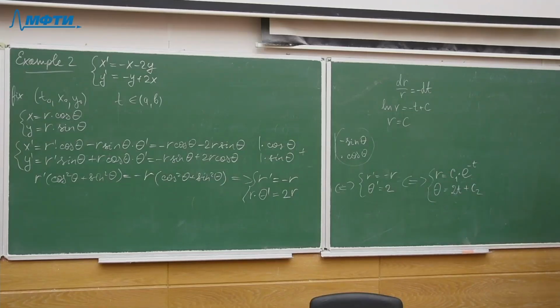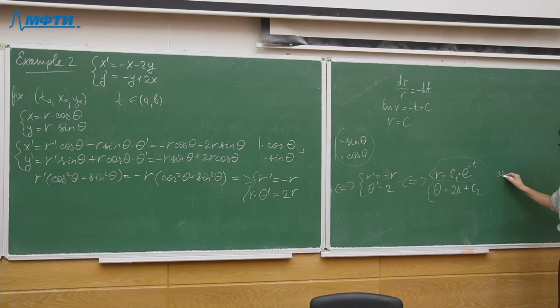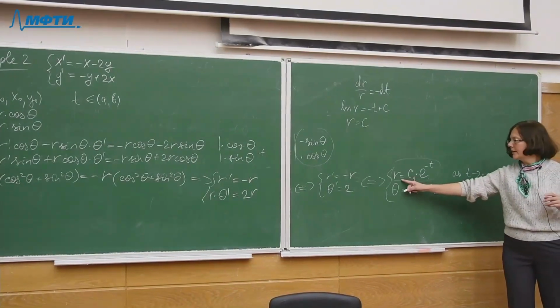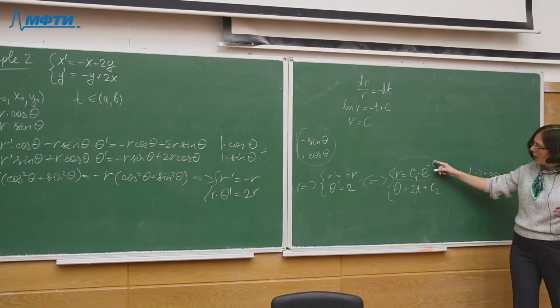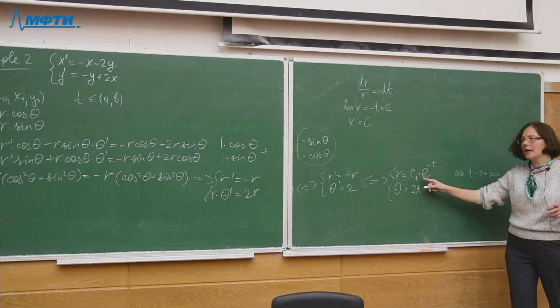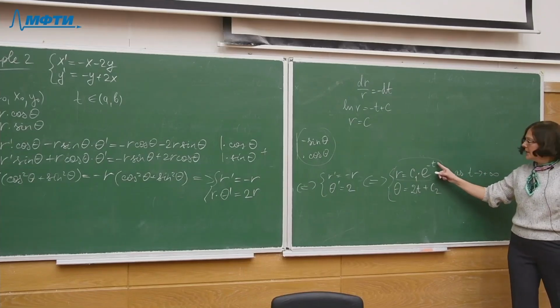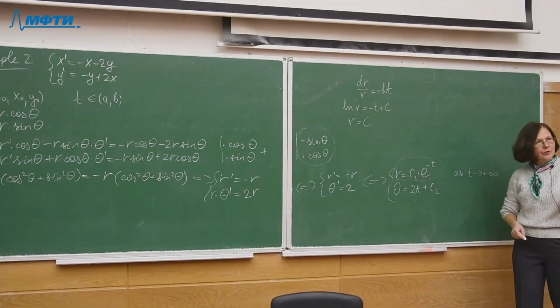Okay, so from the first equation, we can see that as t approaches positive infinity, r decreases. Look at the power: c1 is constant multiplied by e to the power minus t. If t approaches positive infinity, this approaches 0, and so r approaches 0.